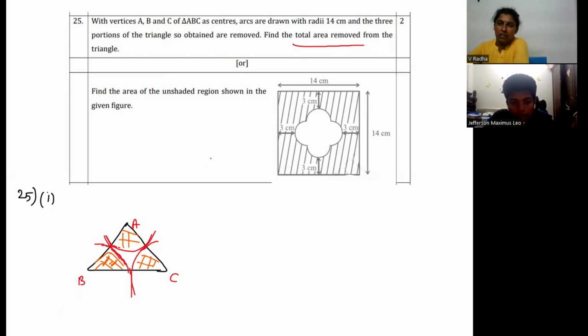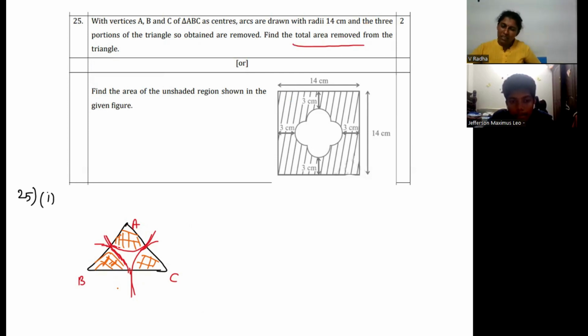The radius is 14 and three portions of the triangle are removed. Find the total area removed only. It is not asking to find the remaining area.